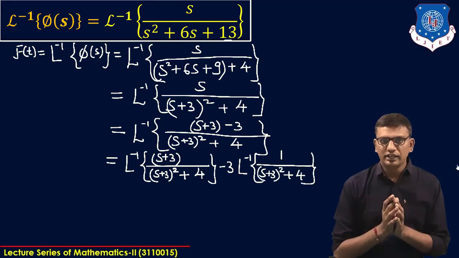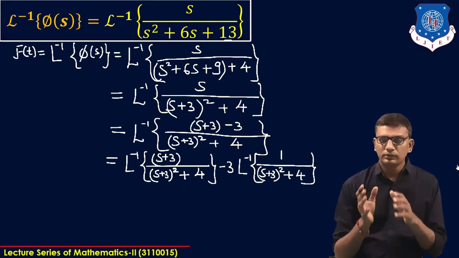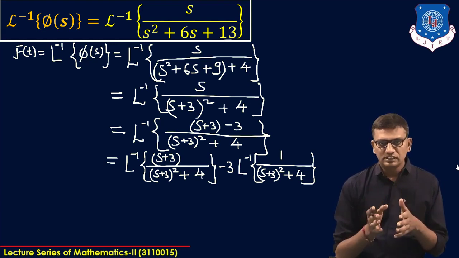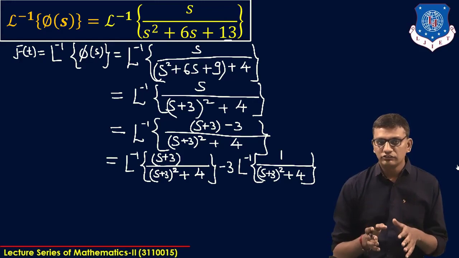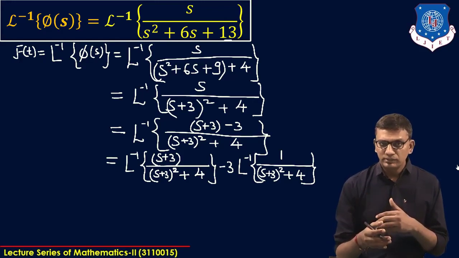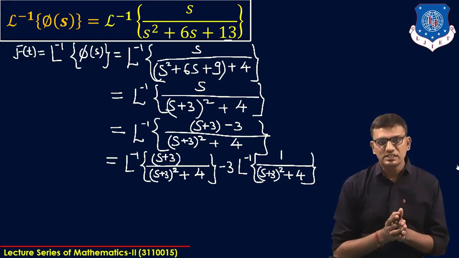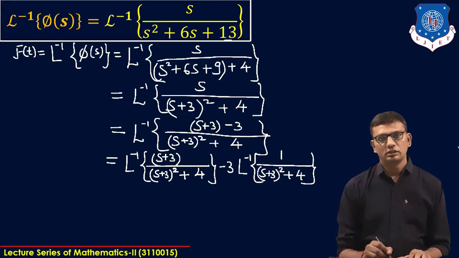Here we can observe that each term contains s plus 3. So that is the first shifting property in inverse Laplace transform because we replaced s by s plus 3 in every term. Now we see how we apply the first shifting property here.